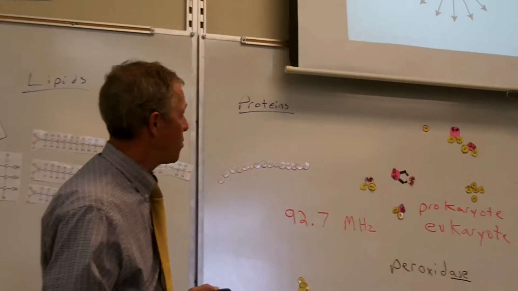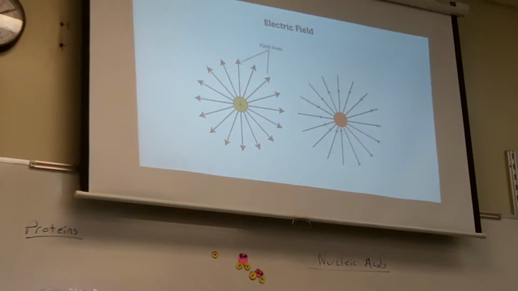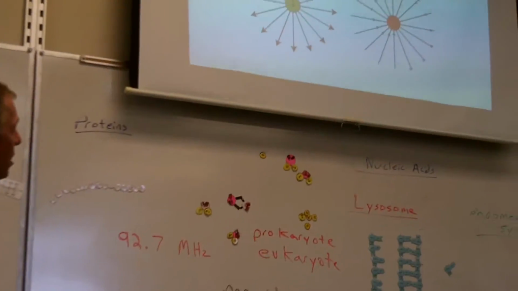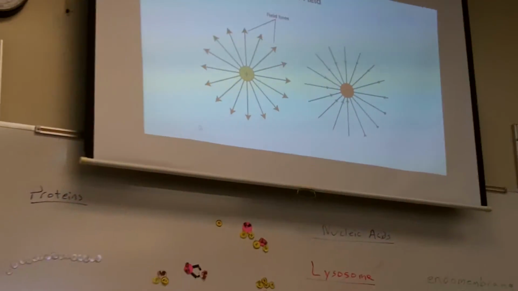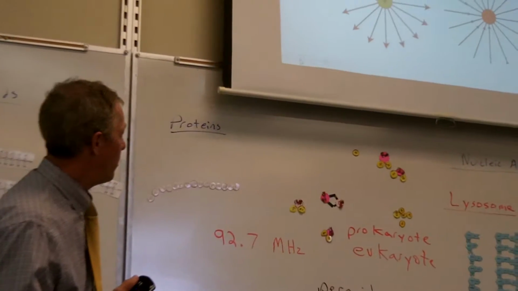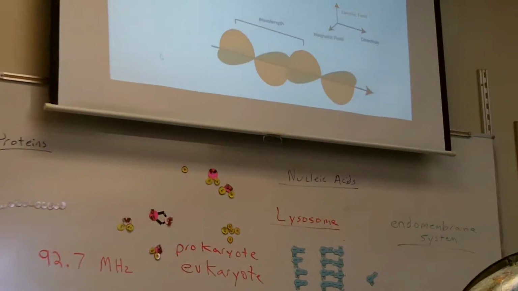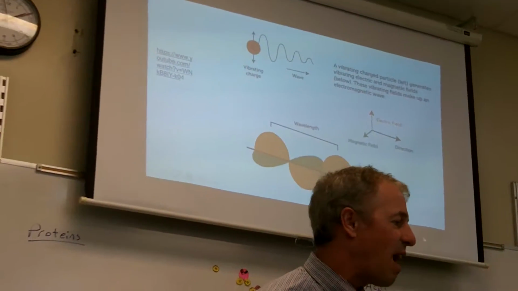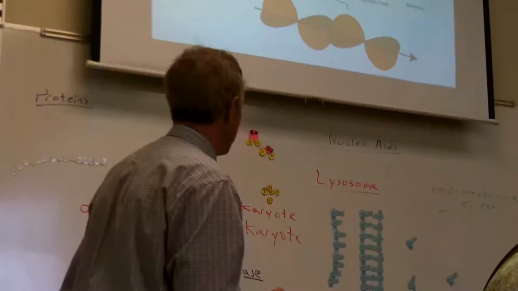This is a negatively charged particle that has the opposite effect as the positively charged particle. You can see the arrows going outward there, and the arrows going inward here. But the way we describe what light is, it's a vibrating field.